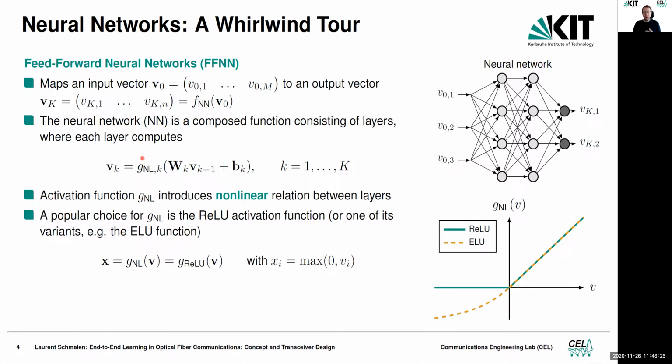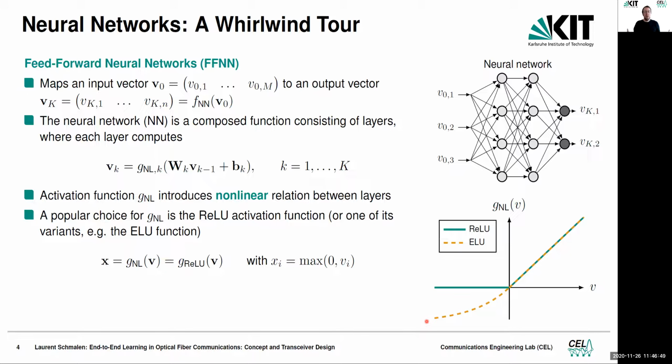How does such a nonlinear function look like? Well, a very often used function these days is the so-called rectified linear unit, which is kind of like a diode function. So the output is 0 for negative inputs, and the output is just the input for positive inputs. Or you can extend this with an exponential function, the ELU. Then it's called the ELU function. So it's a very simple nonlinear function.